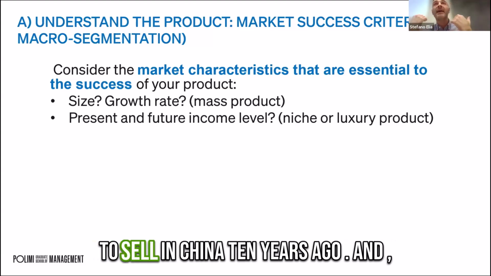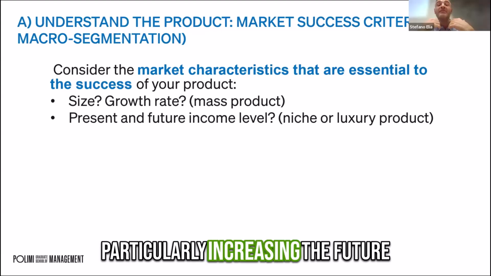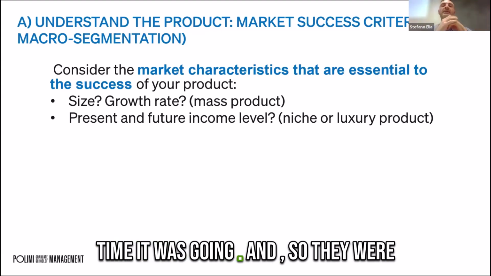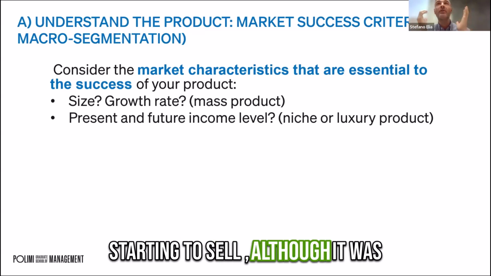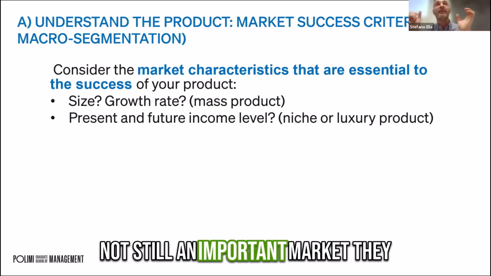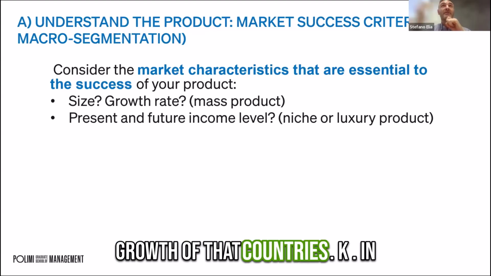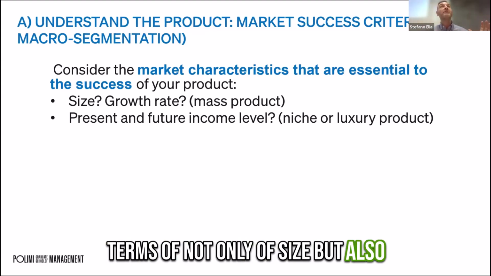They were starting to sell in China 10 years ago. And they were saying that they were particularly interested in the future income level of China because at that time it was growing. And so they were starting to sell, although it was not yet an important market, they were betting on the future growth of that country, not only in terms of size but also income level.